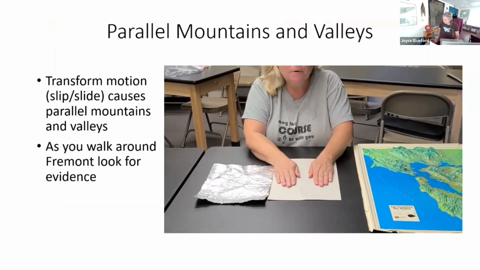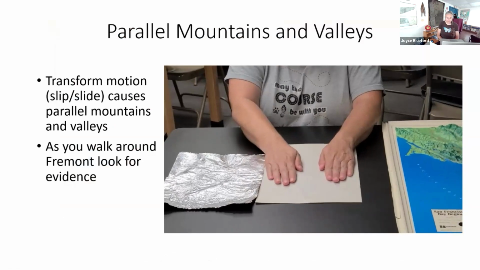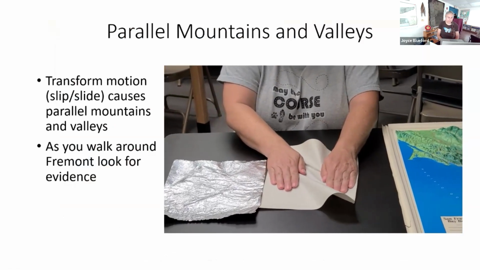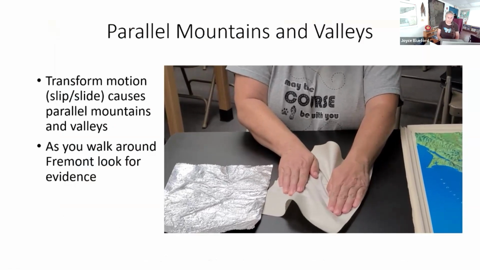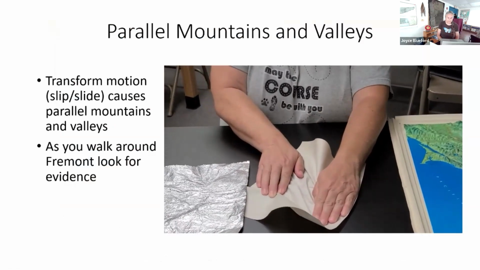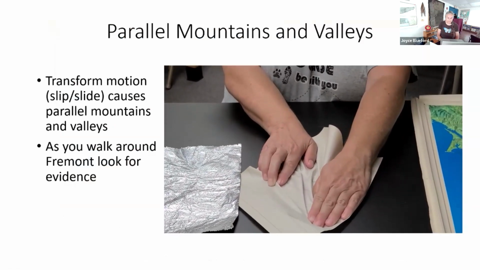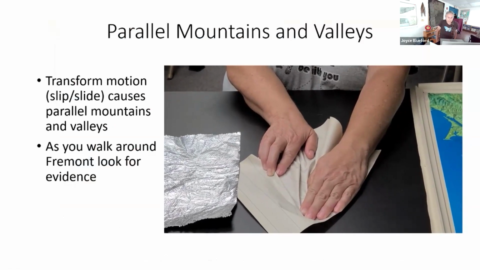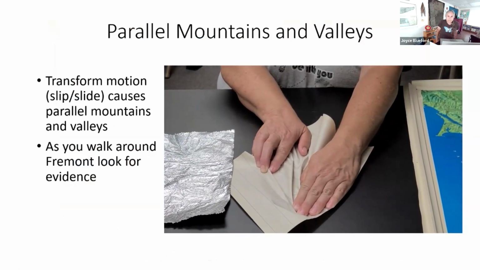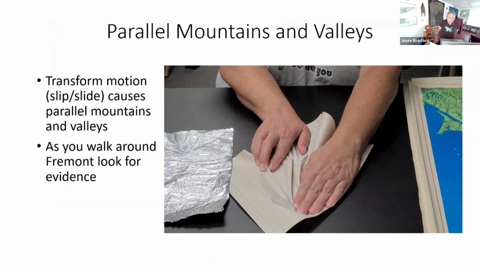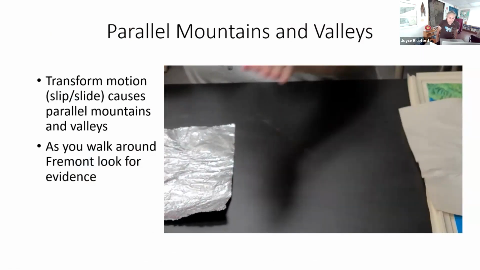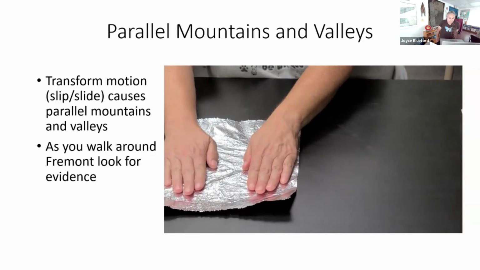Simply use a piece of paper. Put your two hands down, and when you pull and push opposite directions, then you see how the paper starts to crinkle. Do you see those where you could be your mountaintops and what could be your valleys? You see you get parallel mountains and valleys. Now another thing other than just paper, you could try a piece of aluminum foil.